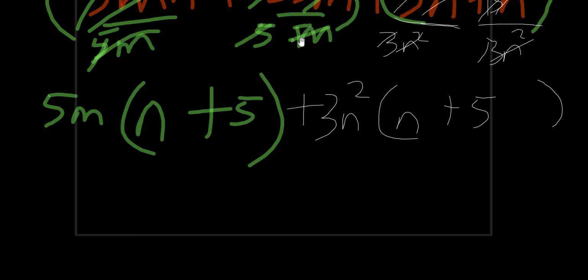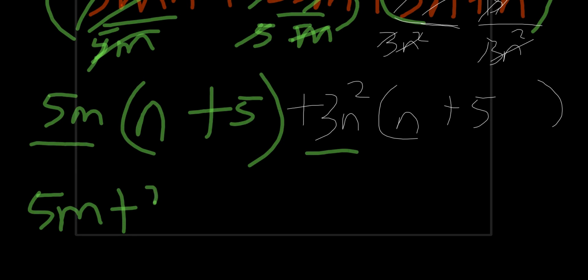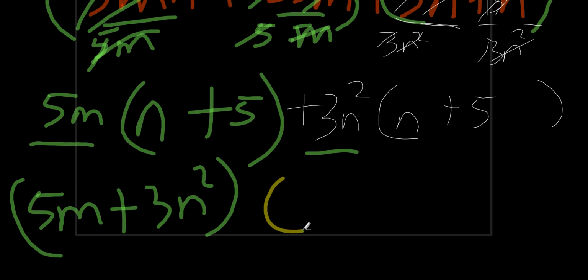And so when you reach this part, what we do is group what is outside of the bracket. So we have 5m plus 3n squared, and then we just take any one of the identical brackets.